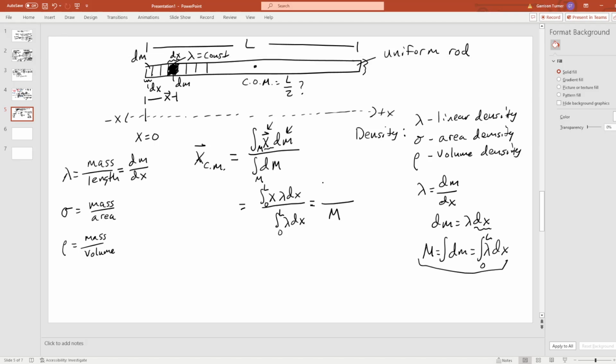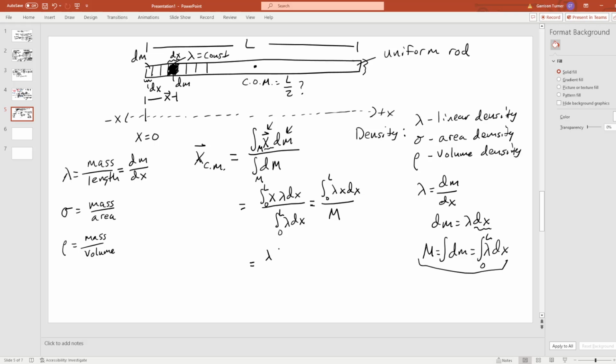Whereas my integral is now lambda x dx. But in this case, because our density is constant, lambda is a constant, and I can pull constants out of my integral.